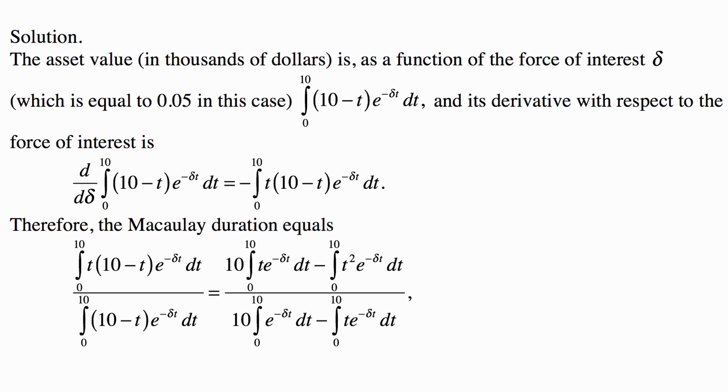The first one is 10 times the integral from 0 to 10 of t e to the minus delta t dt, and the second we subtract: the integral from 0 to 10 of t squared e to the minus delta t dt. The bottom is a difference: 10 times the integral from 0 to 10 of e to the minus delta t dt, minus the integral from 0 to 10 of t e to the minus delta t dt.